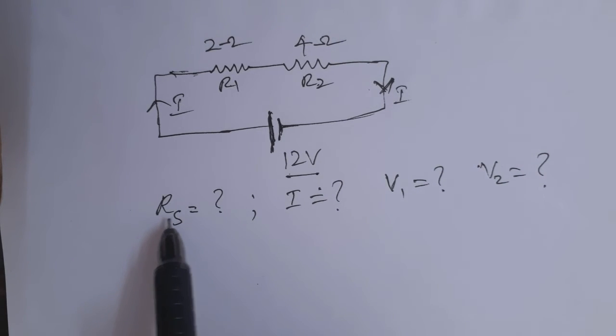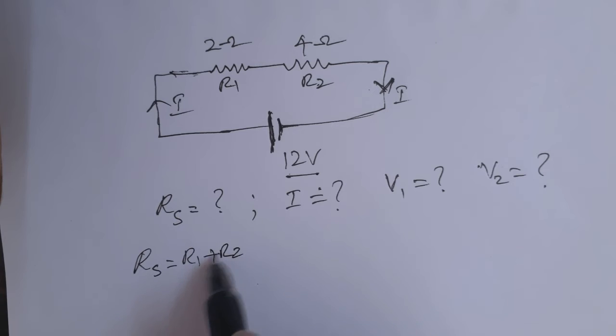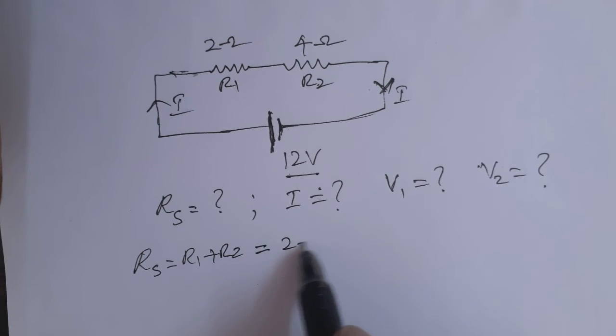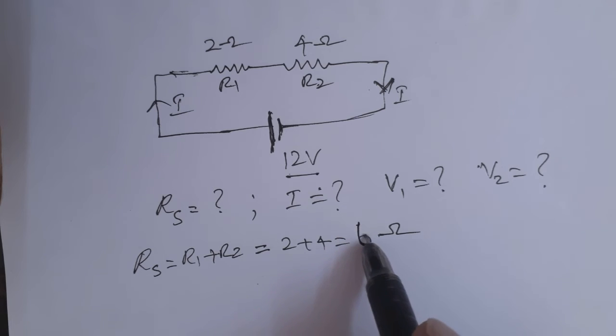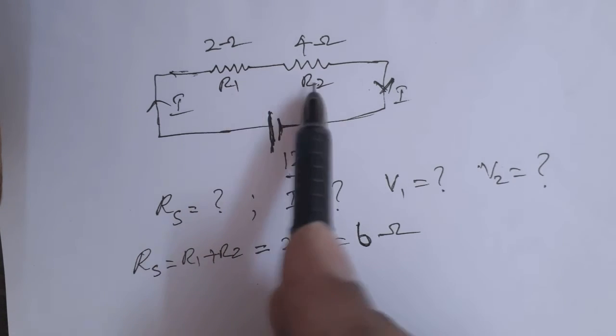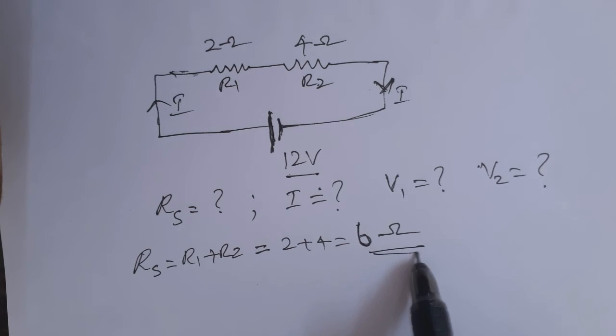First, Rs, the total resistance in series. We know the formula Rs is equal to R1 plus R2. So R1 plus R2 gives you 2 plus 4, 6 ohm. So the total resistance offered by these two resistors together when they are connected in series is equal to 6 ohm.